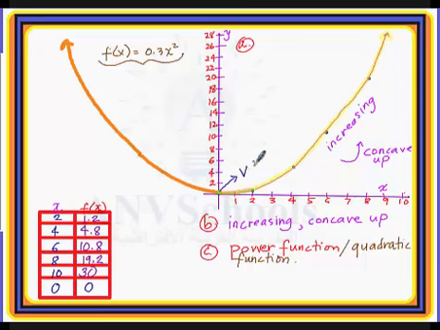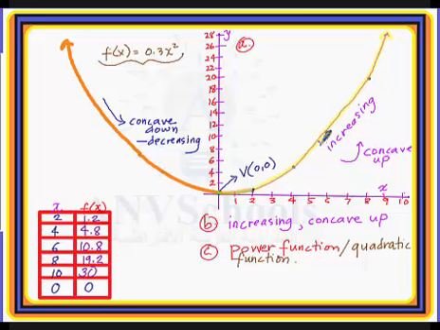This is the minimum point of the quadratic function at 0, 0. And notice that in here, this function is concave down and is decreasing. But the given function values would have this graph. From here going there, it's concave up and increasing.